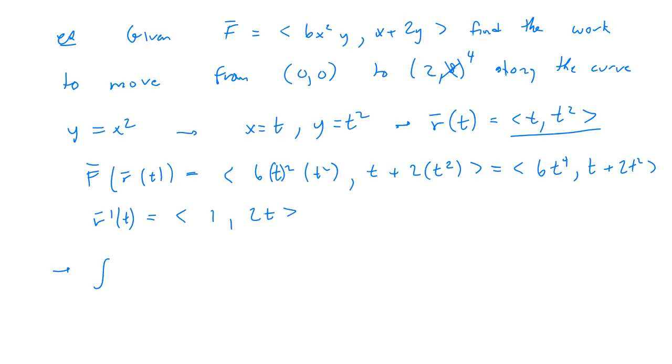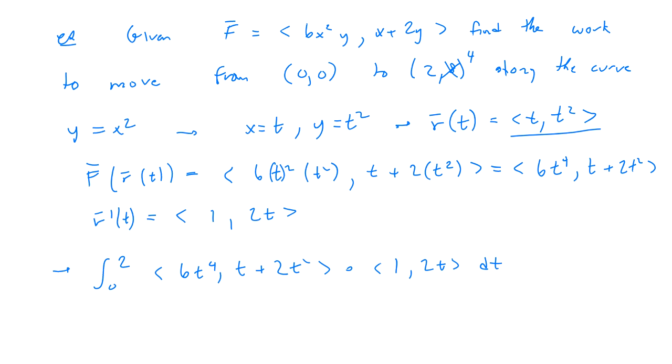So t goes from 0 to 2. And we have that. So the dot product of those two.